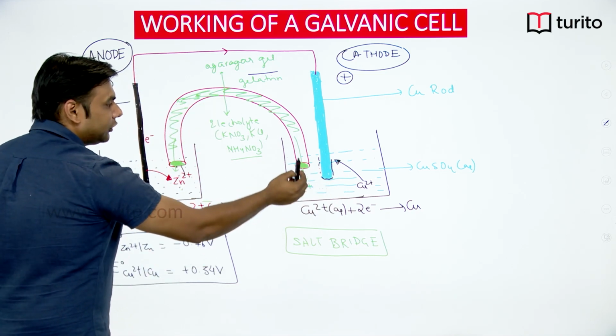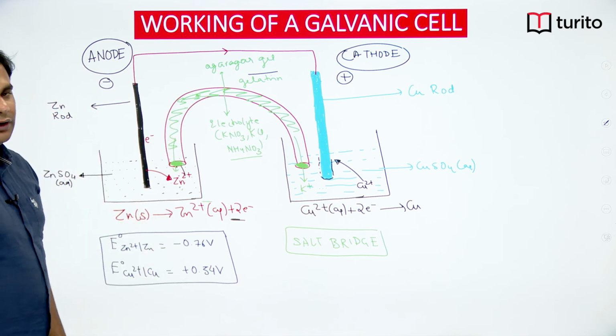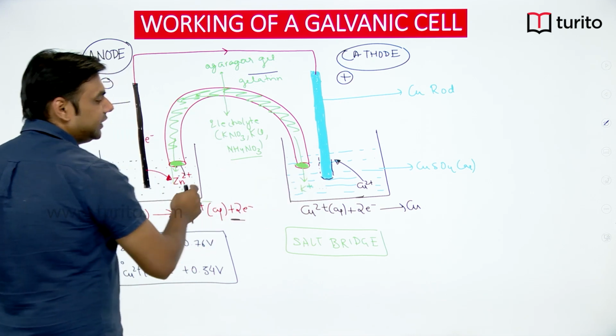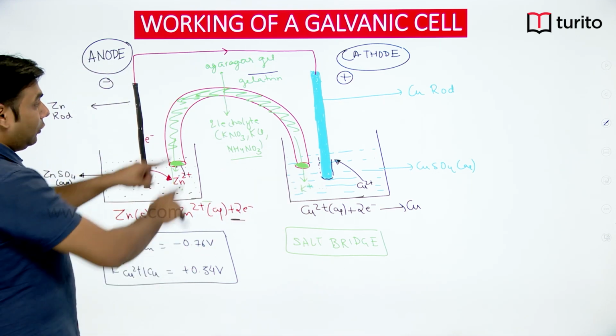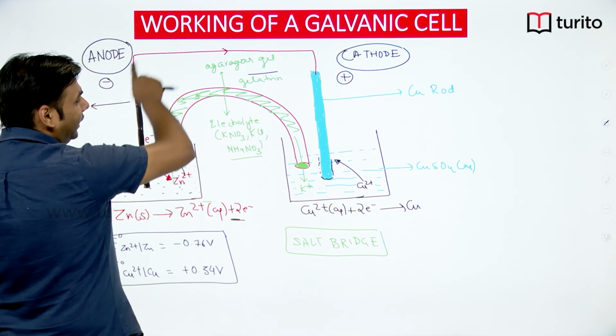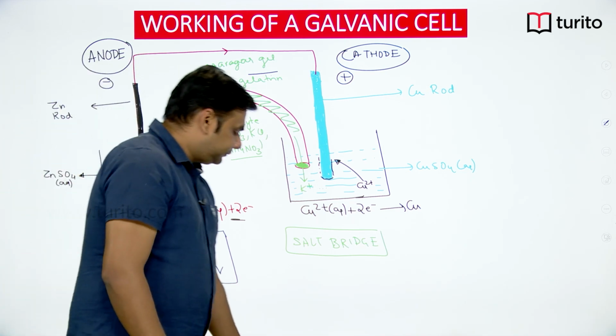No copper 2 plus or sulfate ion can enter into this, and no zinc 2 plus and sulfate ion can enter into this. So this basically pumps out the charges and neutralizes the excess positive and negative charge. That also completes the internal circuit because the charges are moving. So this is how you construct a complete cell.